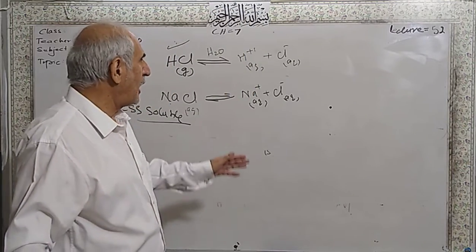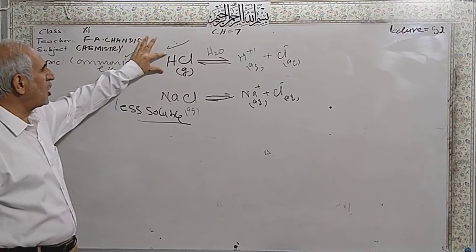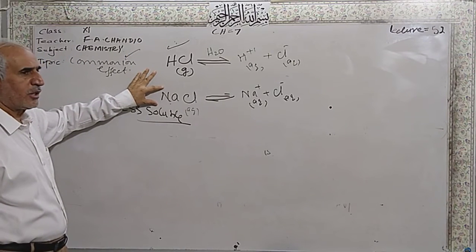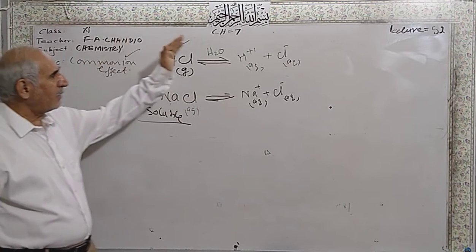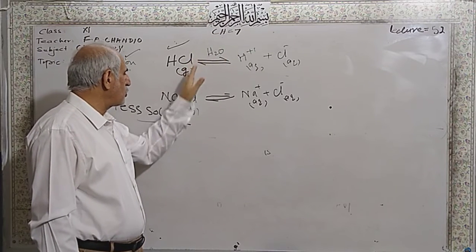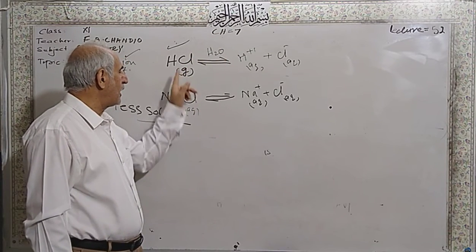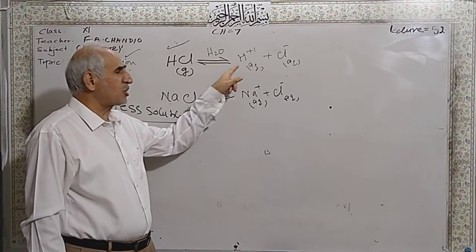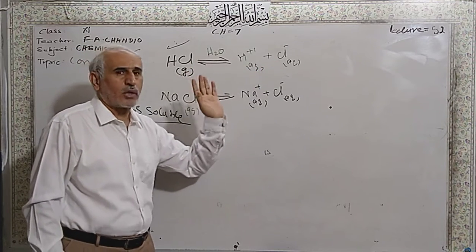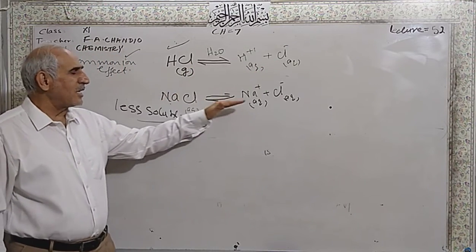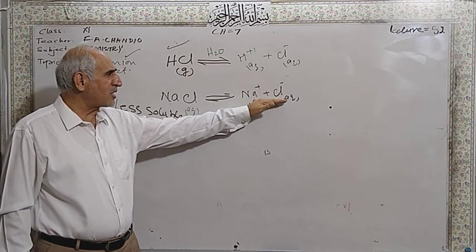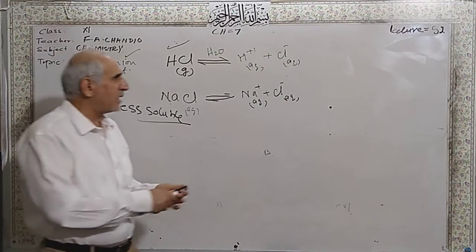I told you this is the strong electrolyte as compared to sodium chloride. When the hydrogen chloride is passed through, it dissociates into hydrogen ions and chloride ions. In brine, you already have sodium ions and chloride ions, so chloride ion is a common ion.